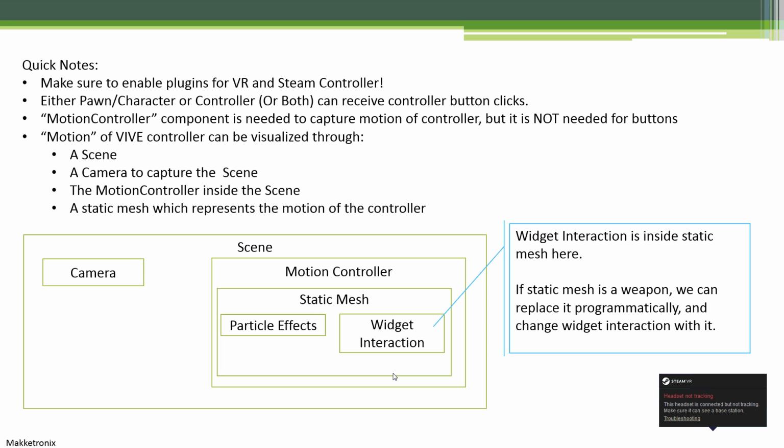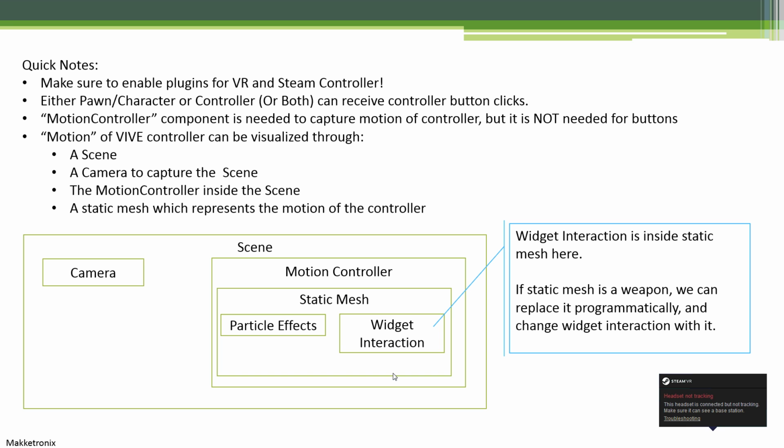Now, either the pawn or the character component, which inherits from pawn, or the player controller, or both, can receive the controller button clicks. On the controller, you have lots of buttons. It's like mouse clicks, for example.